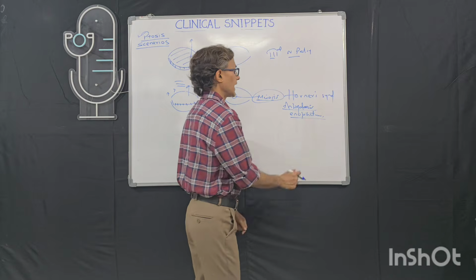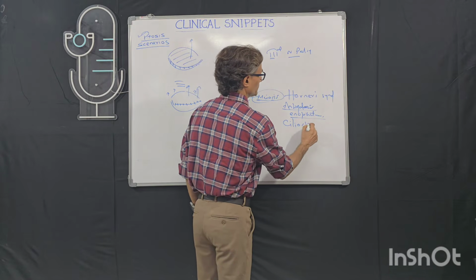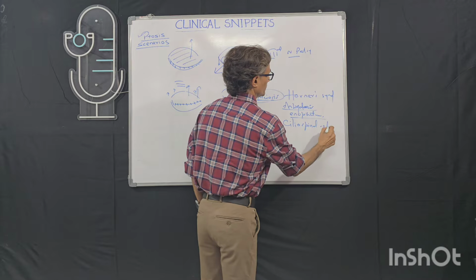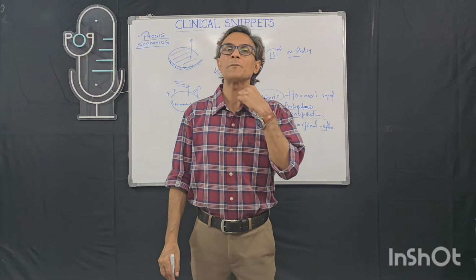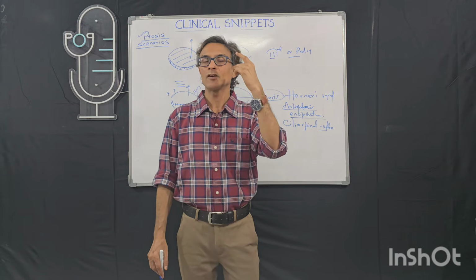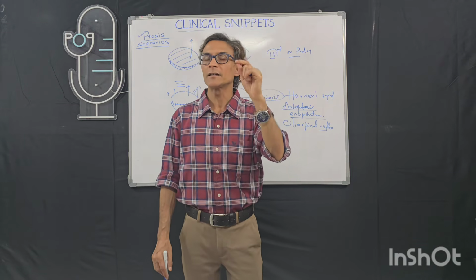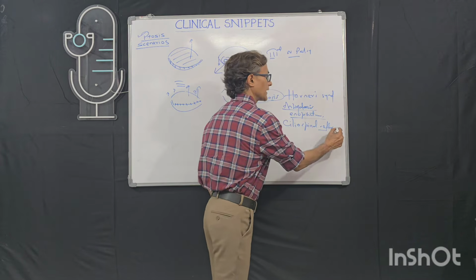Okay. And lastly, ciliospinal reflex. Test for the ciliospinal reflex. Pinch the ipsilateral side neck, skin of the neck. You have to pinch and see whether there is pupillary dilatation. Here, there is no pupillary dilatation. So ciliospinal reflex is absent.